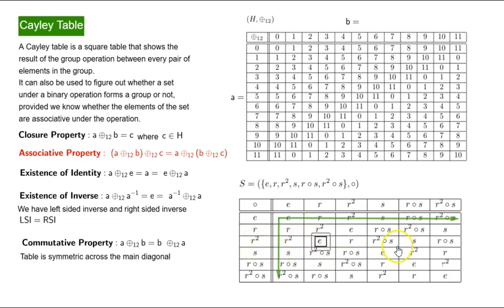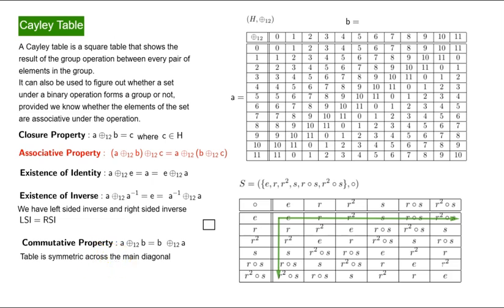Like that, you can figure out the inverse of each element. So that is existence of inverse. If you do this, you will notice that for every element in this set, there is an inverse.